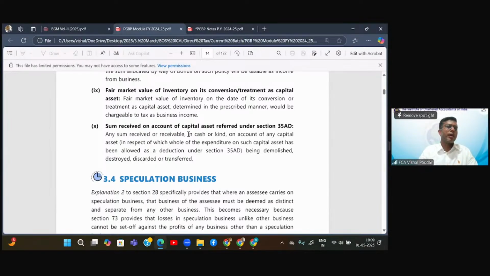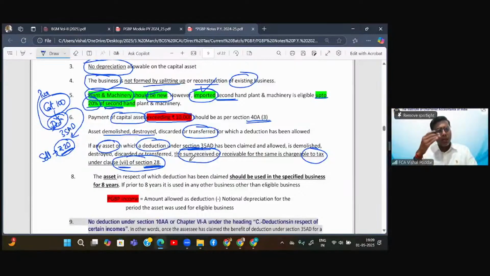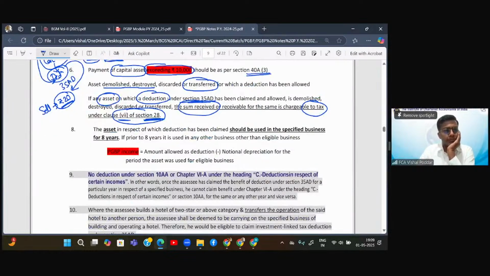Again, no capital gain, no capital loss. Same logic. Because I have taken the entire 100 rupees as my deduction. So when I'm selling it, what I'm actually doing is recovering that 100. So past expense is recovered now. It is PGBP income. Correct? Now coming to something even more interesting. Yes, Asta, you are correct.